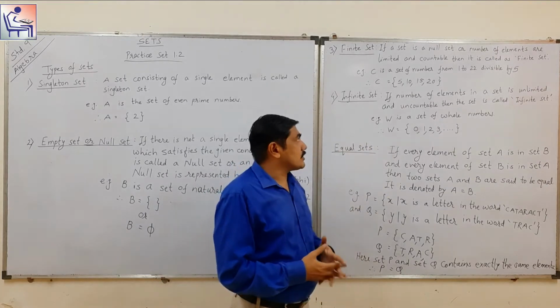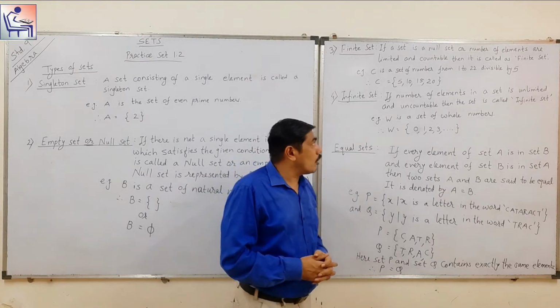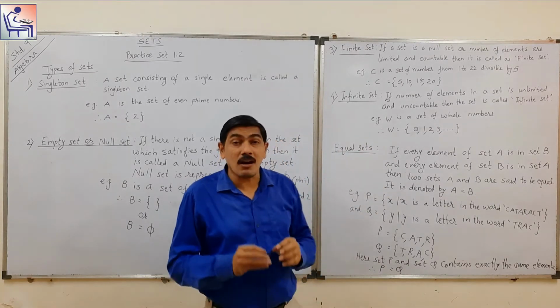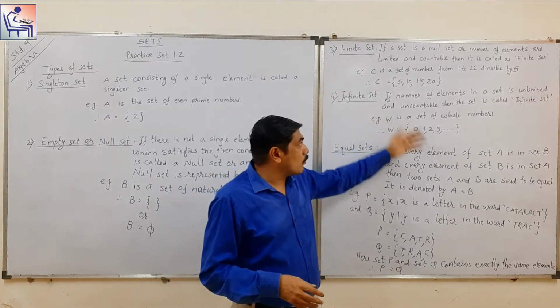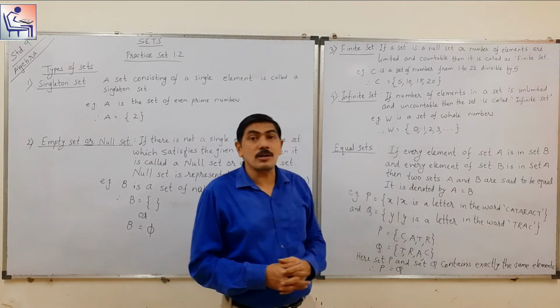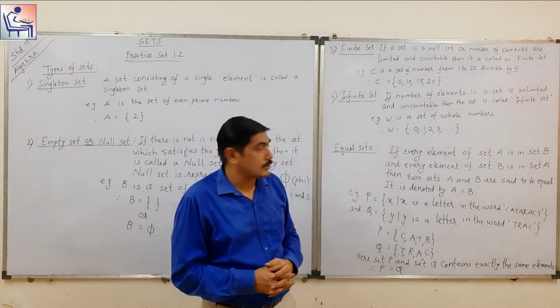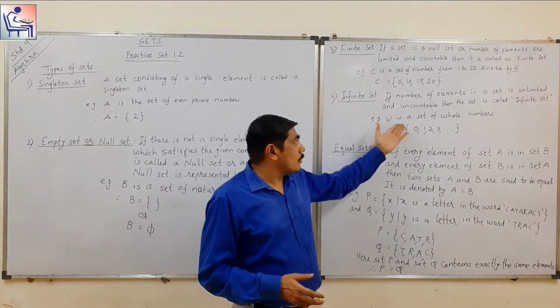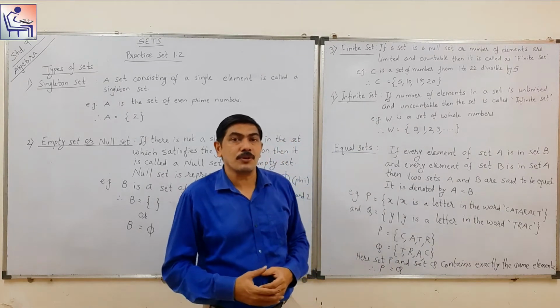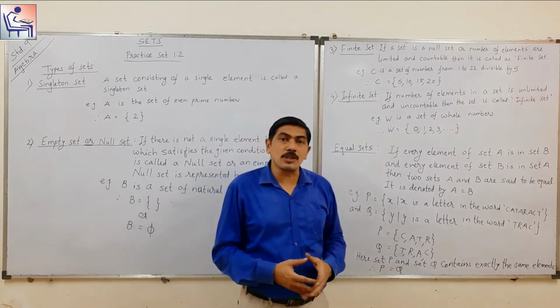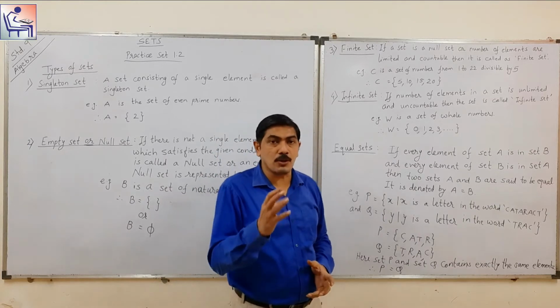Now infinite set. If the number of elements in a set is unlimited and uncountable, then the set is called an infinite set. For example, W is a set of whole numbers. All of you know that whole numbers start from 0.